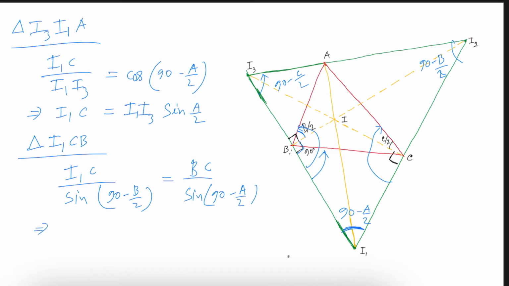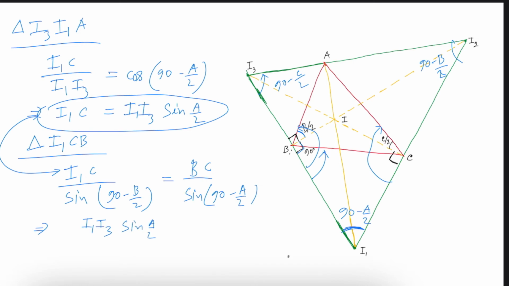So I1C is this, so we will put this value here. So this will be I1I3 sine A by 2 by cos B by 2 is BC. BC is nothing but a, this side is a by cos A by 2, right?